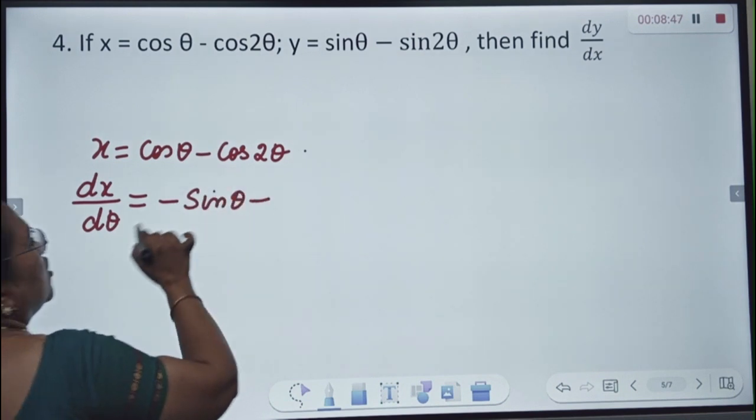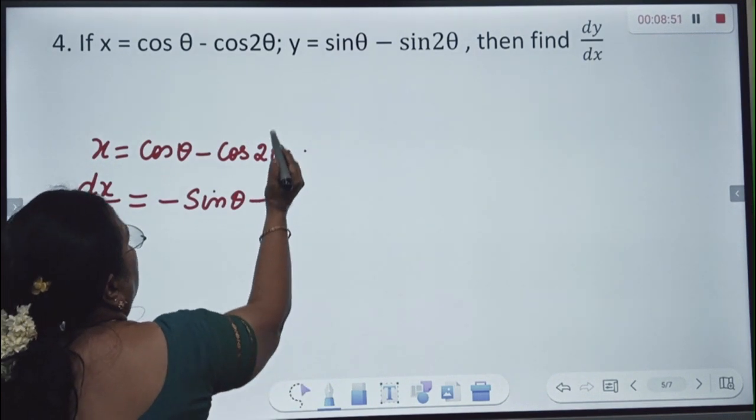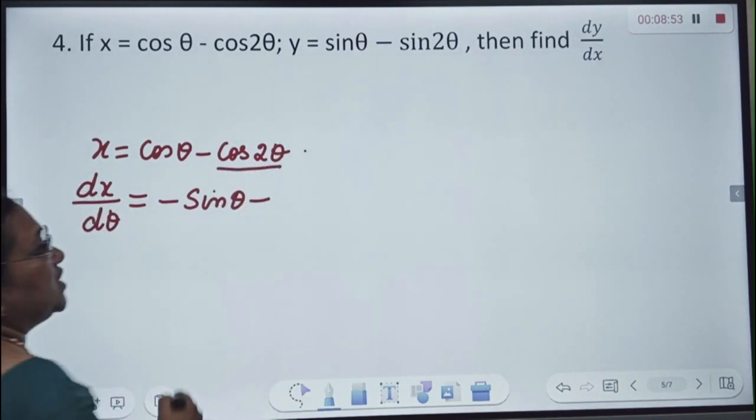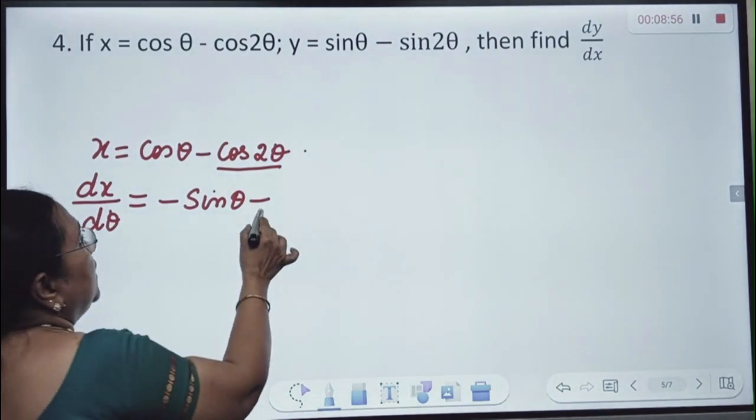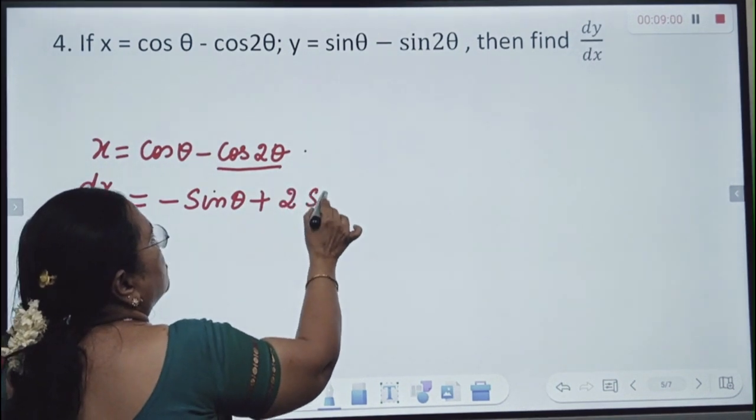If I differentiate cos 2 theta, derivative of cos theta is minus sin theta. There's already a minus, so it will become plus 2 sin 2 theta.